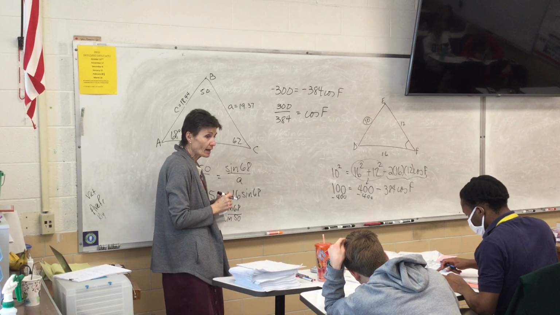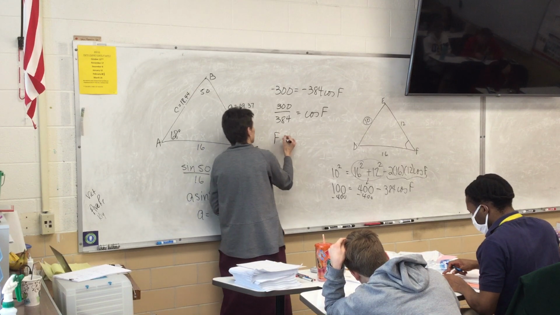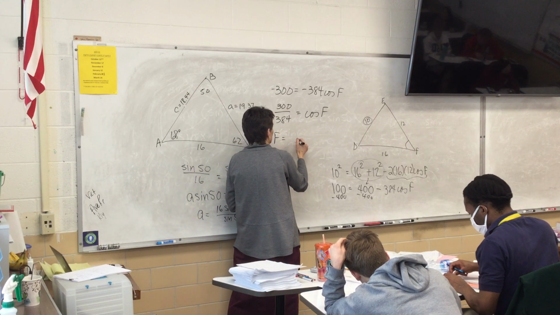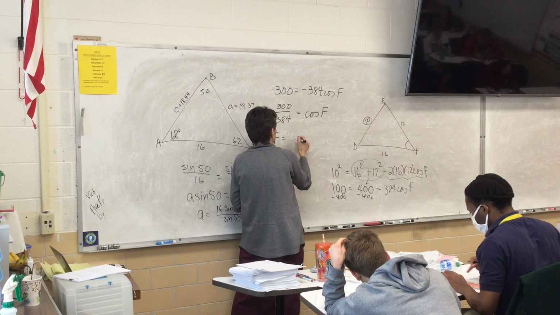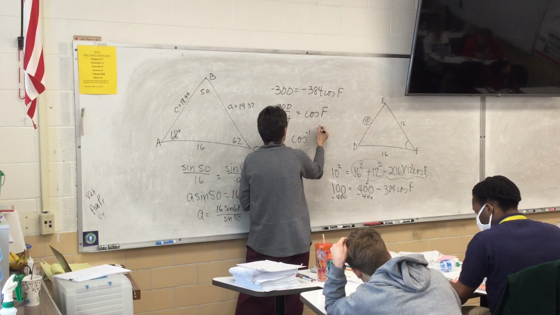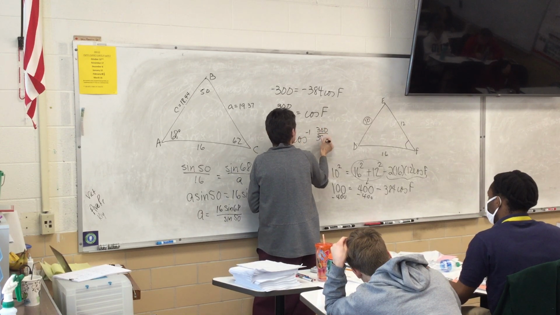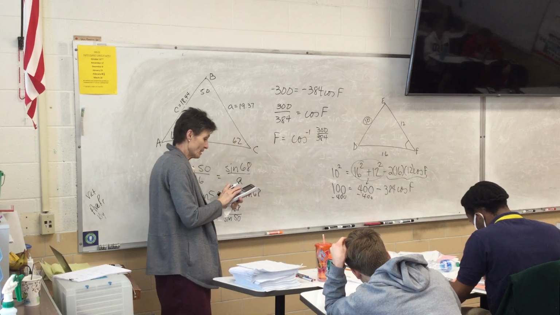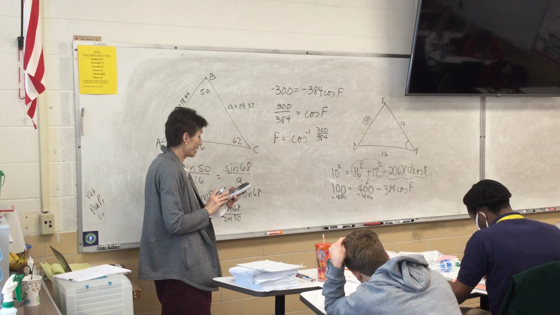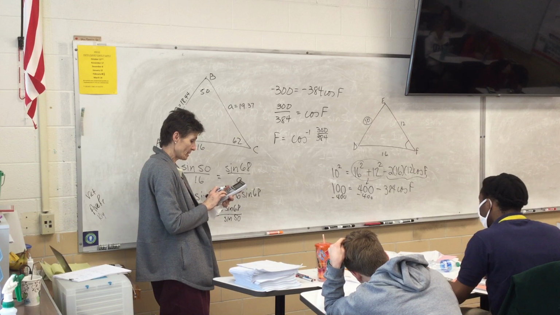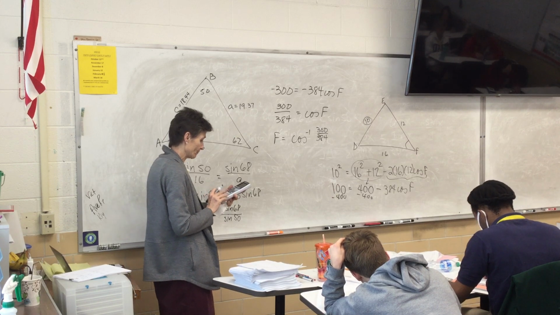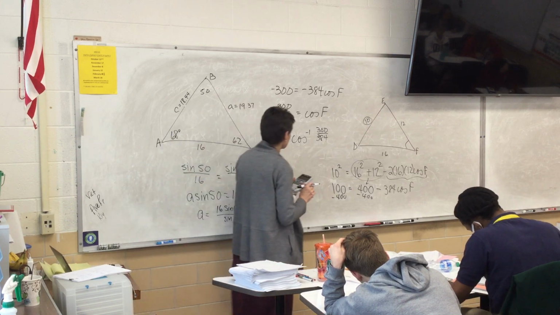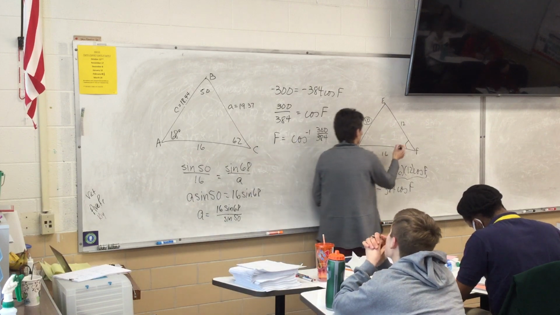And then I will type what? F equals cosine minus 1. Yep, inverse cosine, 300 over 384, that's right. So inverse cosine, 300 divided by 384. 38.62 is angle F.